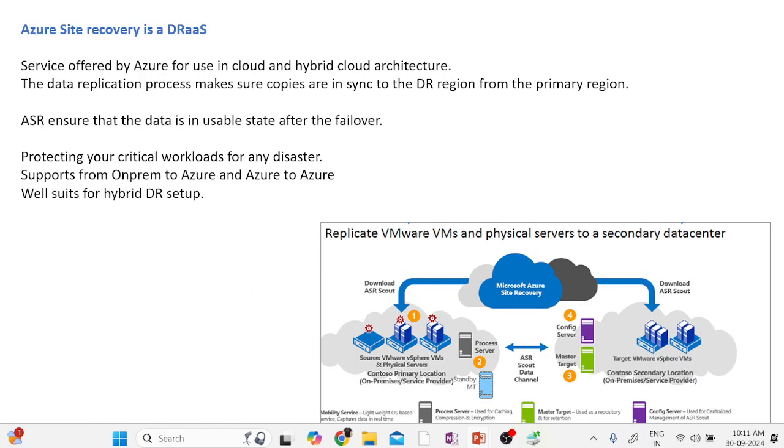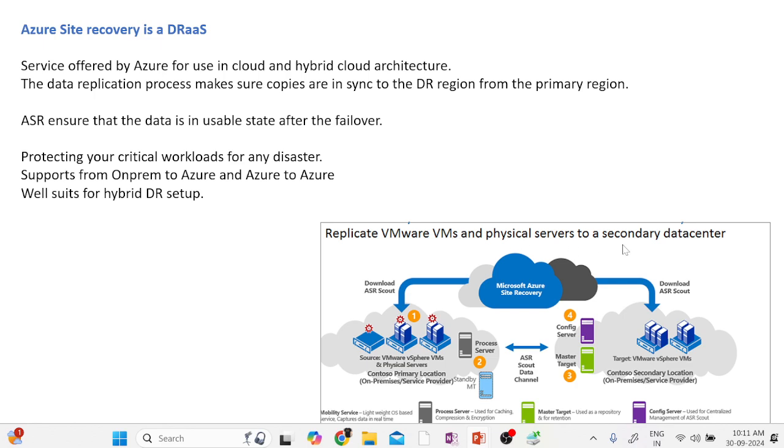Okay. And you see here, Azure Site Recovery is a disaster recovery as a service. They call it DRaaS, DR as a service or disaster recovery as a service. It is a service offered by Azure for use in cloud and hybrid cloud architecture. You can see here, you can replicate VMware VMs and physical servers to a secondary data center also.